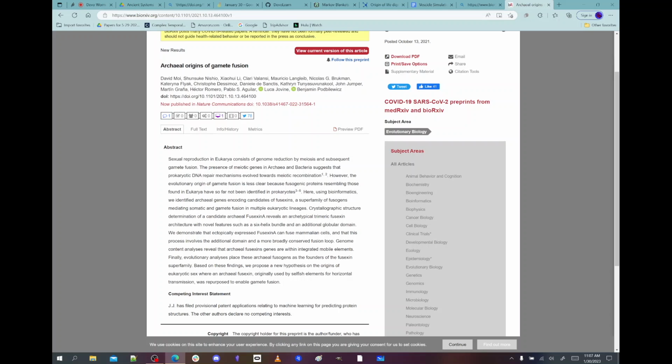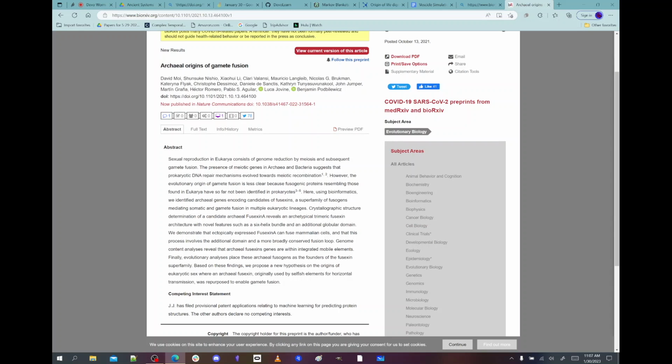Finally, evolutionary analysis places these archaeal fusogenes as the founders of the fusexin superfamily. Based on these findings, we propose a new hypothesis on the origins of eukaryotic sex, where an archaeal fusexin, originally used by selfish elements for horizontal transmission, was repurposed to enable gamete fusion.